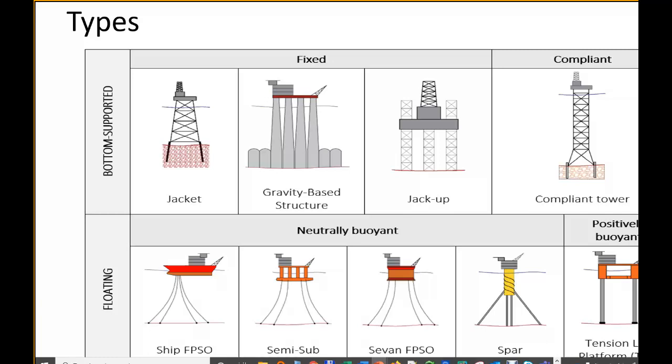Spar is like a big cylinder which goes very deep, and most of the body, the biggest part of the spar, is underwater, so that helps it to be stable, to reduce the movement of the spar.